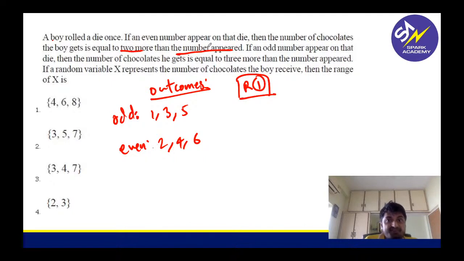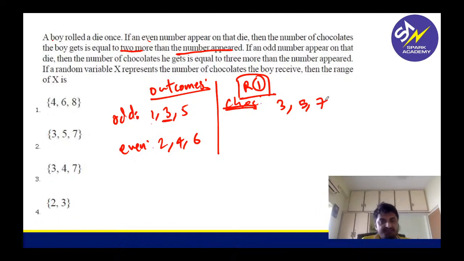So what is he saying now? When an even number appears, it is 2 more than that. So what will be the chocolates he gets? For this case, 2 more than means it will be 3, 5, 7. What else is given, guys?